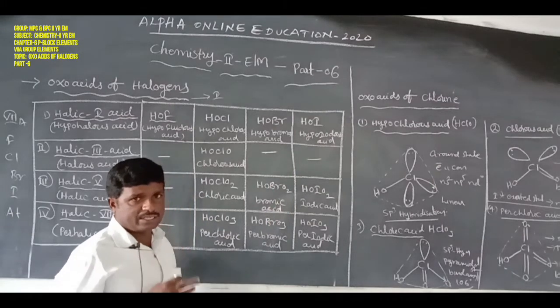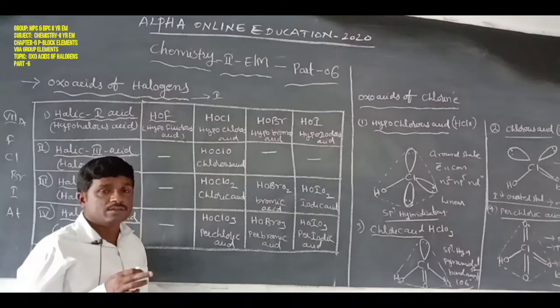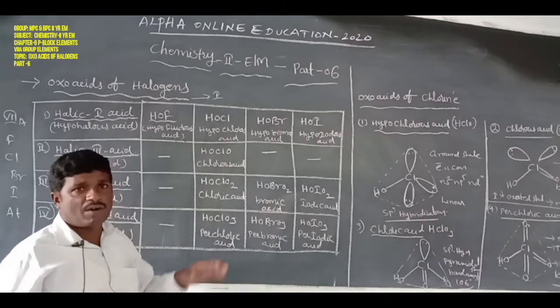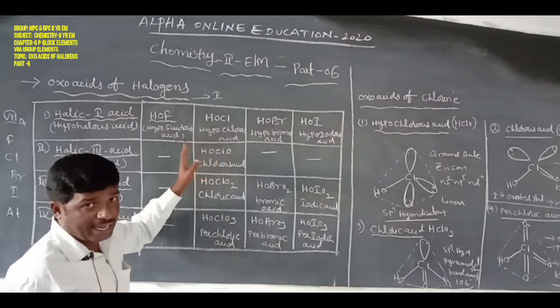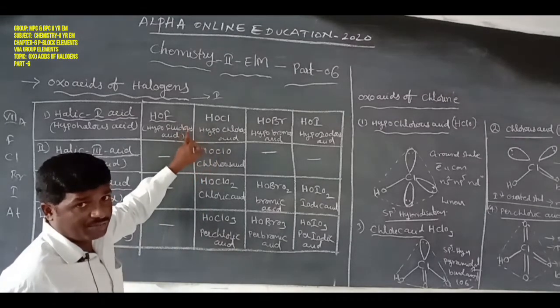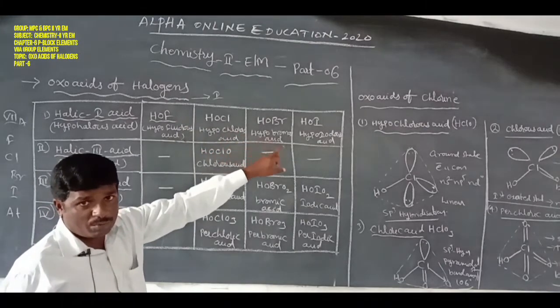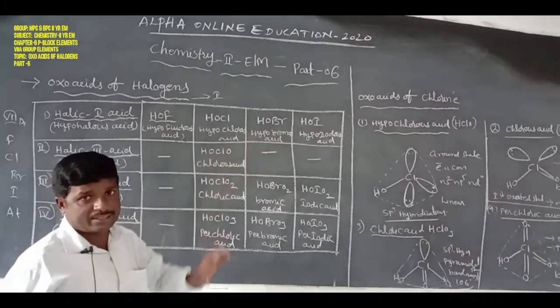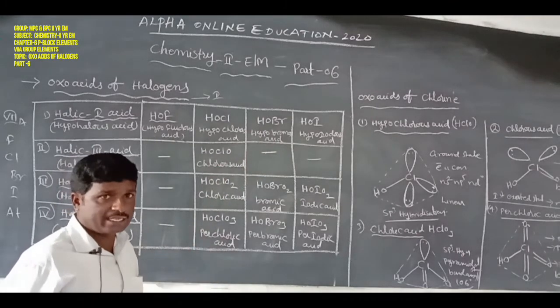All four halogen elements, fluorine, chlorine, bromine, and iodine, form the halic 1 acid: hypofluorous acid, hypochlorous acid, hypobromous acid, and hypoiodous acid.